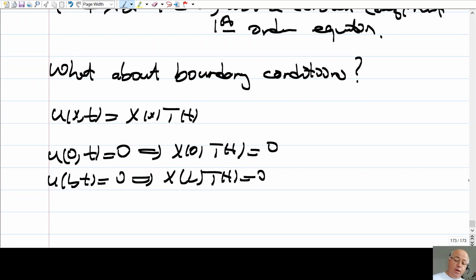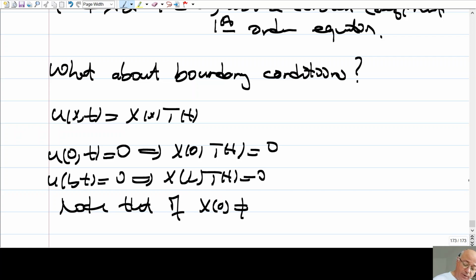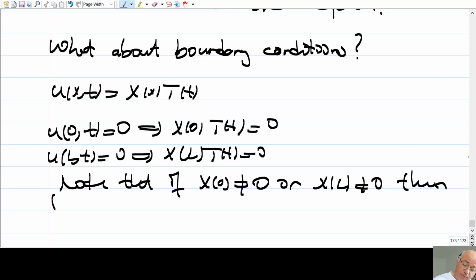Well, if x of 0 or x of L are not 0, then t of t would be 0. Note that if x of 0 isn't 0 or x of L isn't 0, then the function t of t would be identically 0, right?